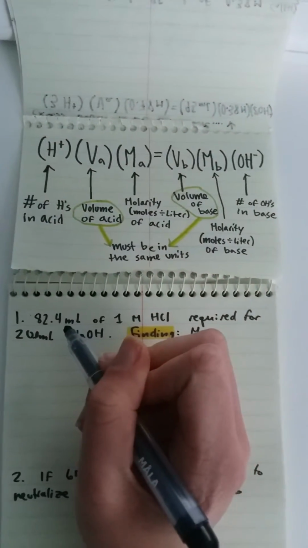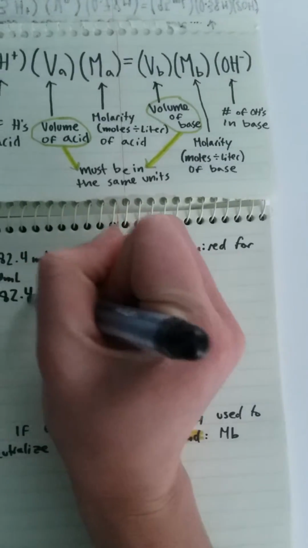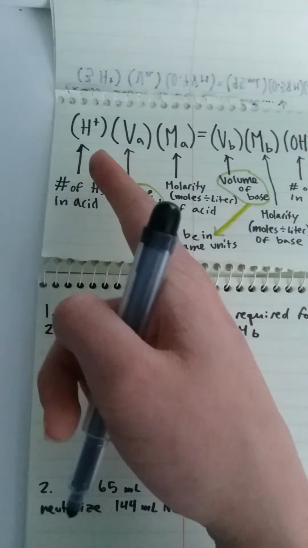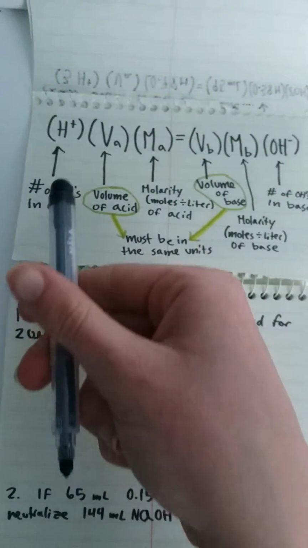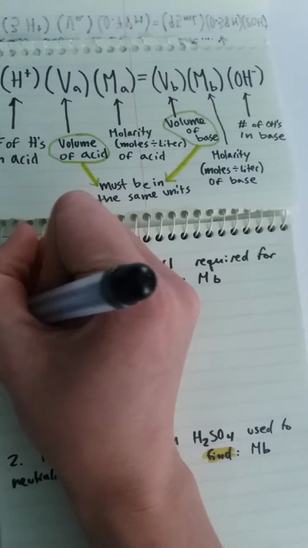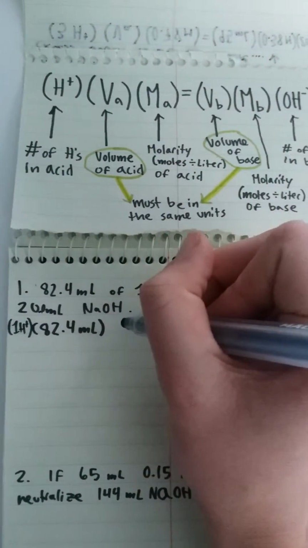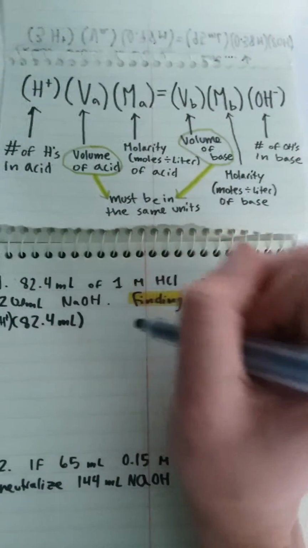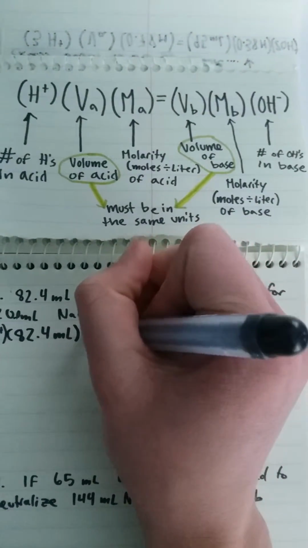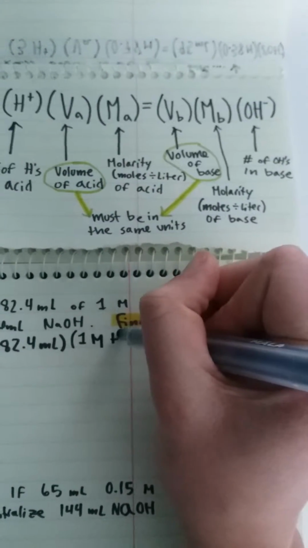So I have 82.4 milliliters of HCl. I guess it doesn't really matter the order, but again, I only have one H, so that's just one H plus. And it's 1 molar HCl, and that's just given to you.